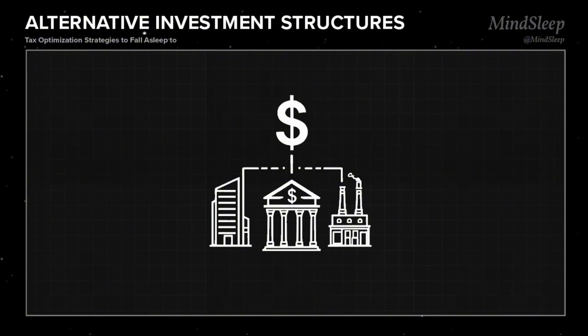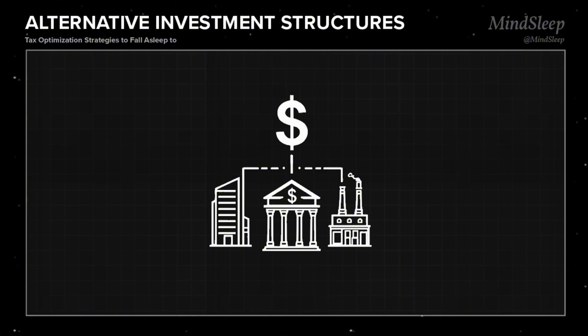This structure can be particularly beneficial for high net worth individuals in higher tax brackets. By carefully structuring investments through partnerships, it's possible to defer income recognition, offset gains with losses from other investments, and potentially convert ordinary income into more favorably taxed long-term capital gains.